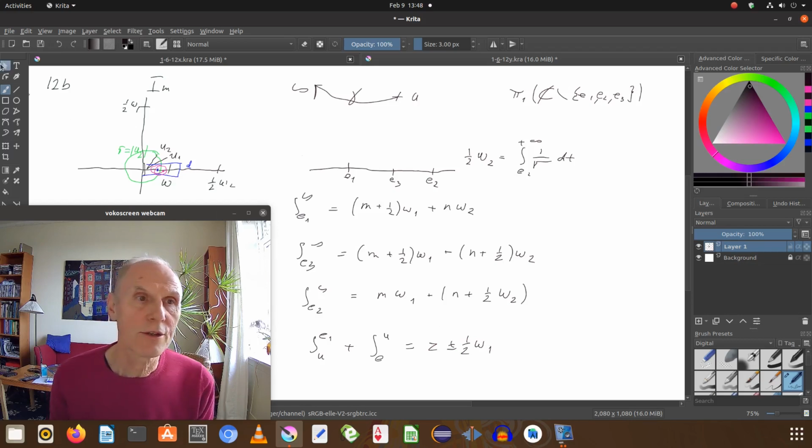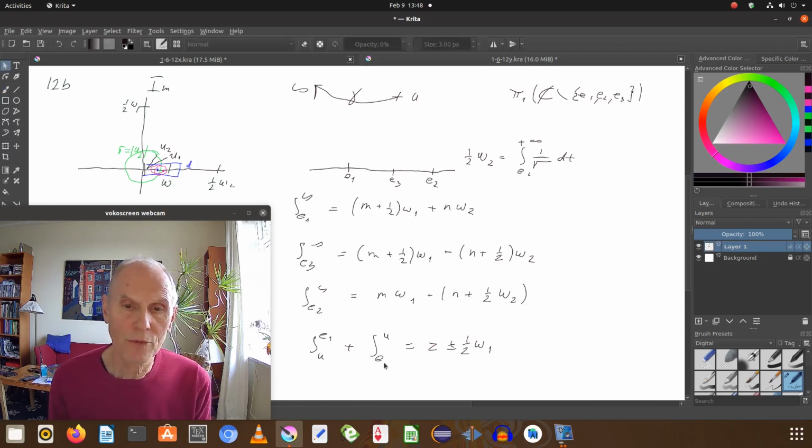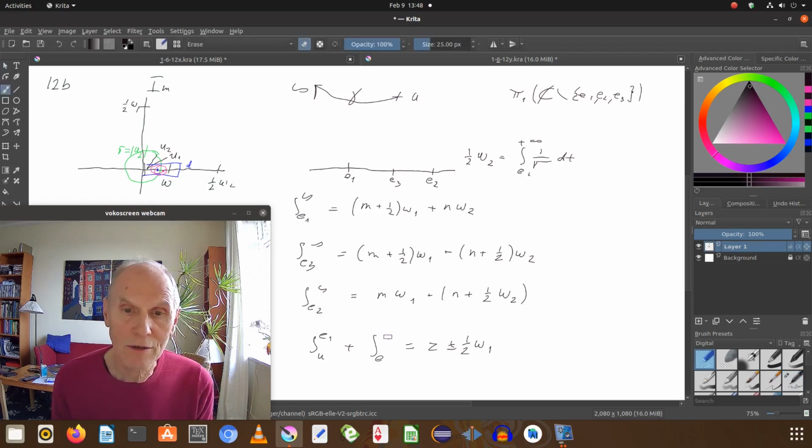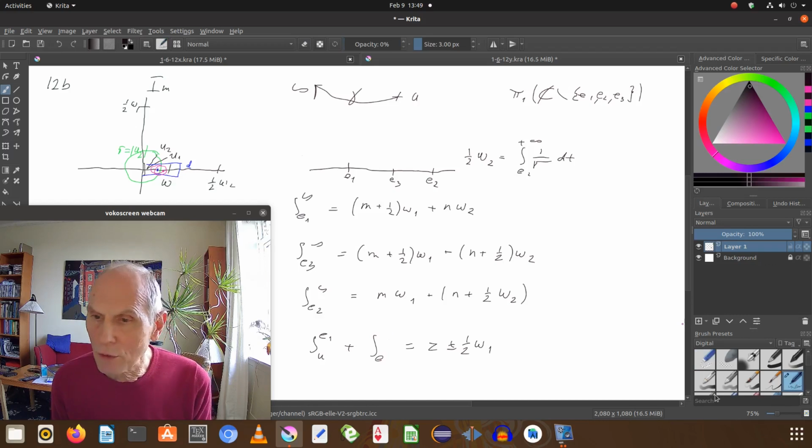And the second integral here, that should of course have been from E1 to infinity. So now that one looked right.